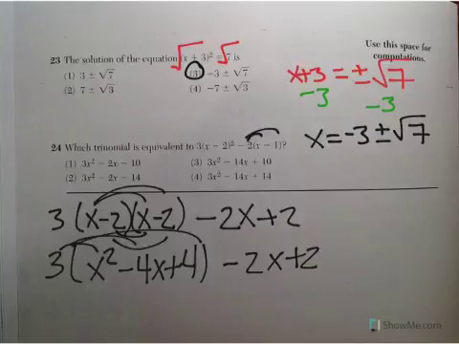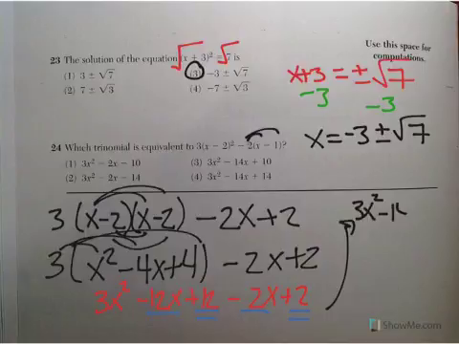Distributing the 3, I'll end up with 3x squared minus 12x plus 12 minus 2x plus 2. When I combine like terms, I will end up with 3x squared minus 14x plus 14, which is choice 4.